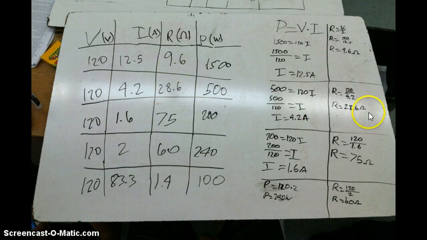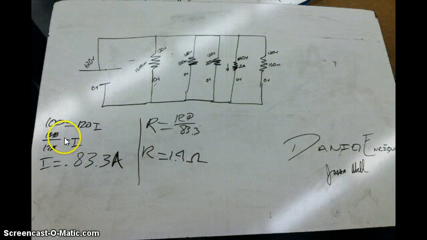We did the same thing for the bottom, where we had 120 volts over 4.2 amps, and then we got 28.6 ohms.